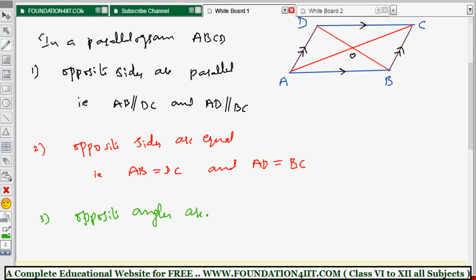If you see the opposite angles, angle A is equal to angle C, because A and C are opposite. You already learned what opposite and adjacent mean. And angle B is opposite to angle D. So they both are equal: A and C are equal, and B and D are also equal.